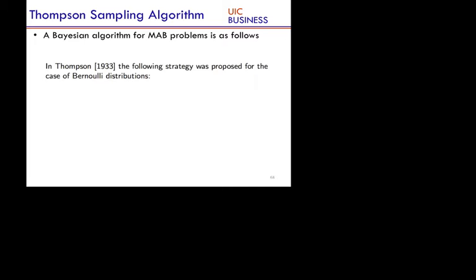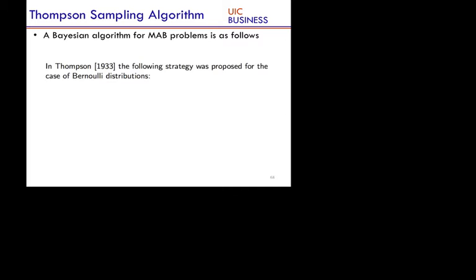These are just coin flips, so it can only take 2 values, 0 or 1. Maybe this is the unbiased coin, so the PMF is 0.5 here, 0.5 here. Maybe this other coin has 2 outcomes with 0.7 and 0.3. That's all I mean by each arm being associated with a Bernoulli distribution.